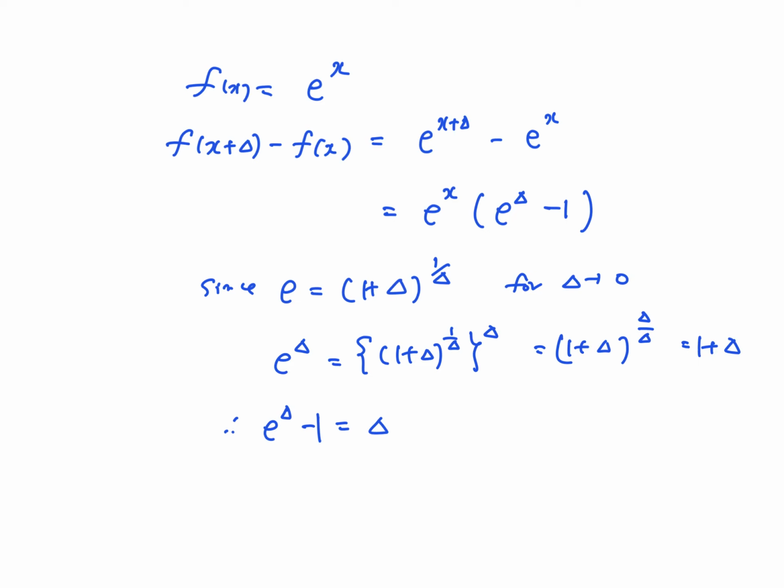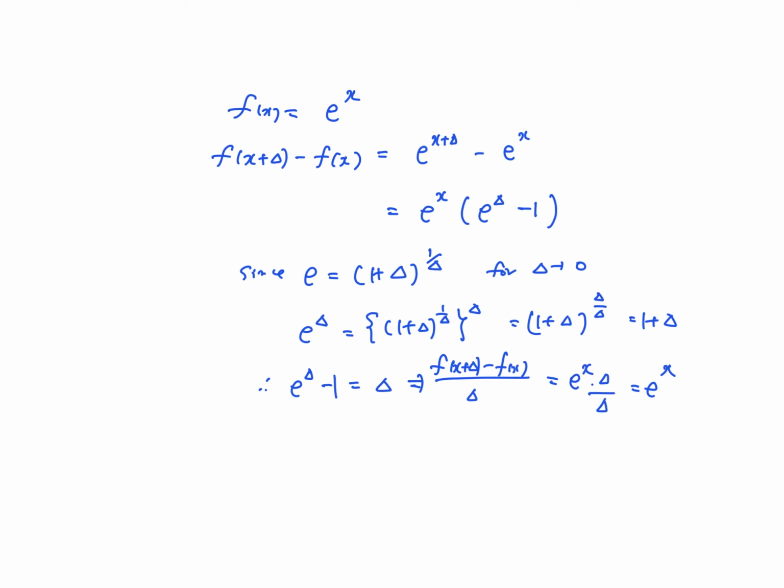So if we divide everything by delta, what do you get? f(x plus delta) minus f(x) divided by delta is exponential x times delta divided by delta, exponential x, right? So one can say that d/dx of exponential x is exponential x.